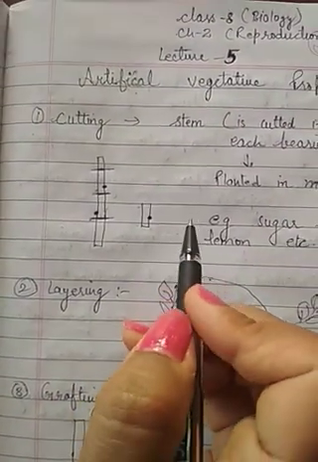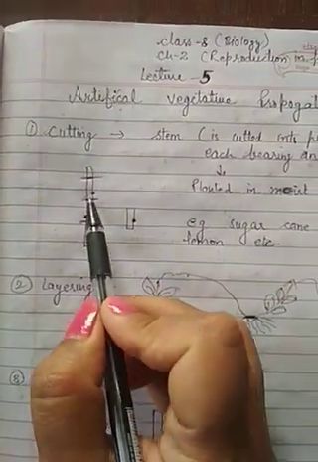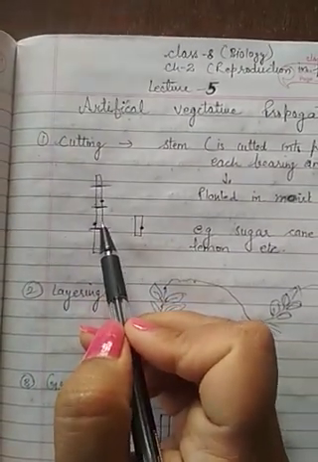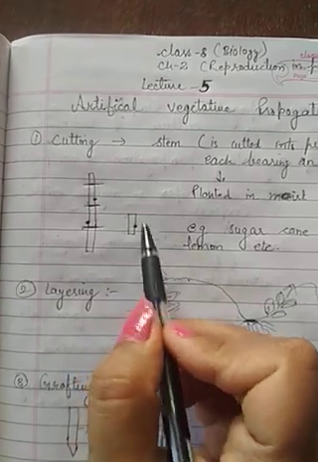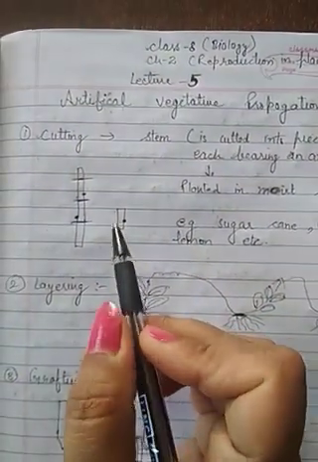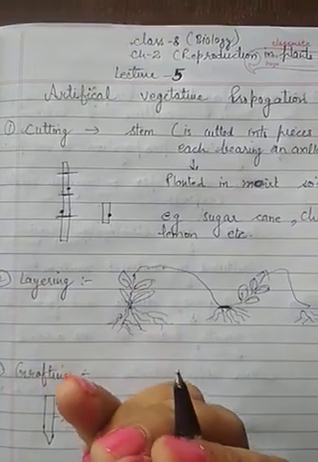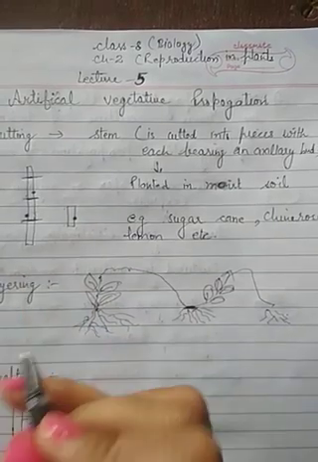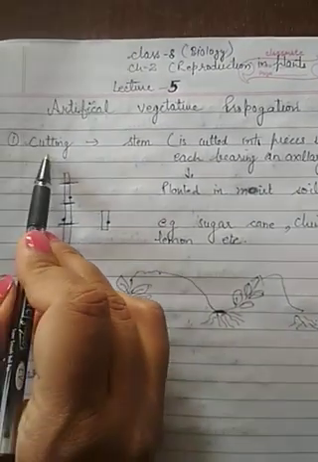So after cutting, they have taken a single part and planted that part into the soil. In that method they take small pieces that bear the axillary buds and put them into the soil. That is a simple method, called cutting.